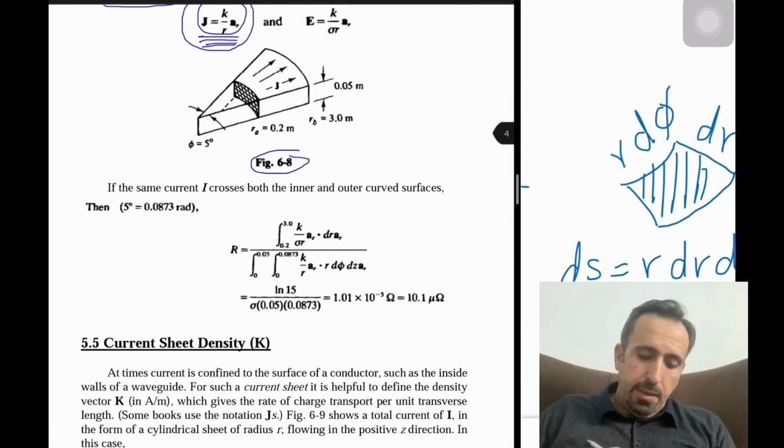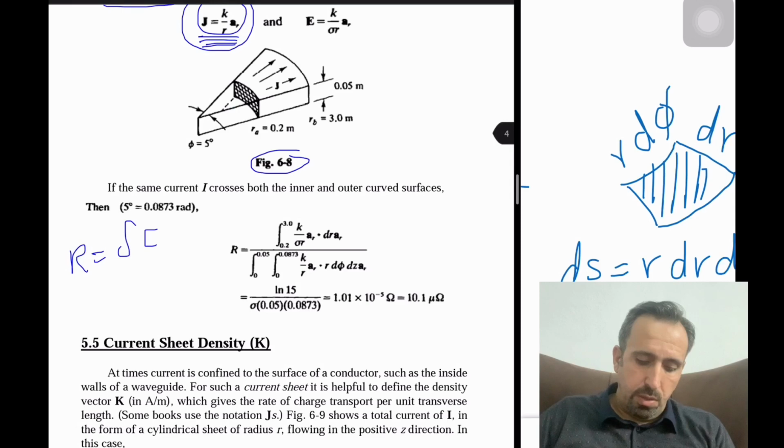Now if you apply the formula which says R equals the integral of E dot dl, and both of these are vectors, divided by the current, which will be J dot ds, and J is sigma E, so sigma E dot ds.